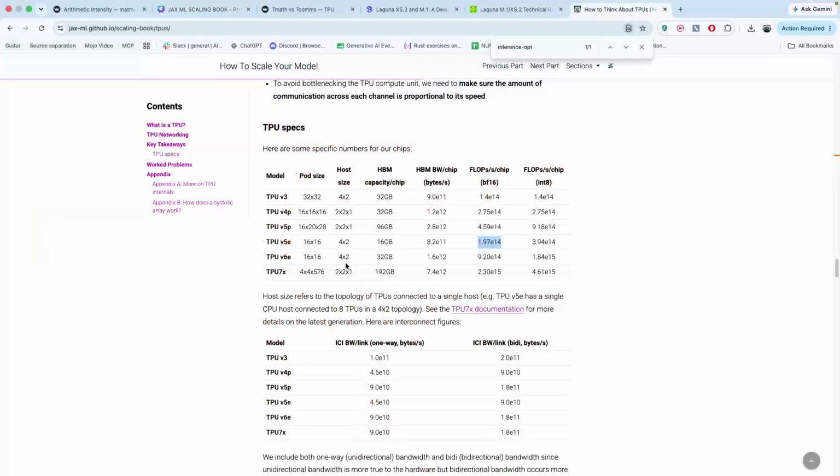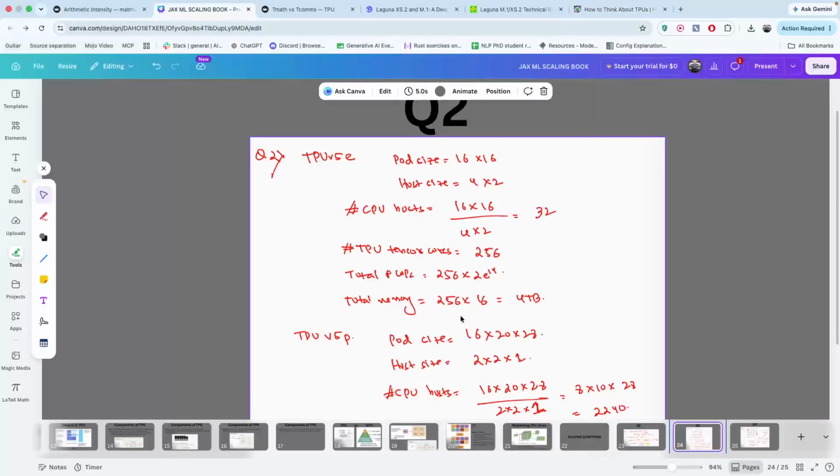And then it has an HBM capacity of 16 gigabytes, and you have a pod size of 256, so 256 into 16, which comes around 4 terabytes of total HBM memory.